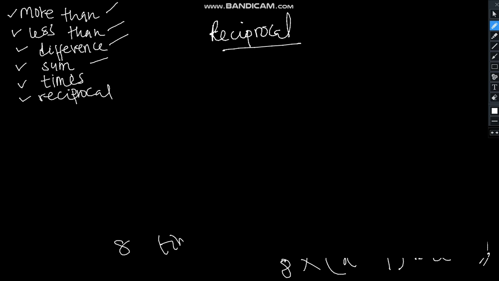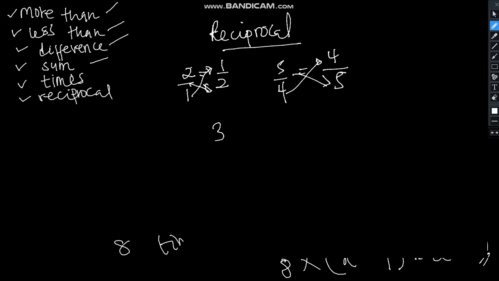For example, the reciprocal of 2 will be 1 over 2, because every number is over 1. When I turn it upside down, this will go to the top and this will come down. So the reciprocal of 5 over 4 will be 4 over 5. And the reciprocal of 3 will be 1 over 3, because this is over 1, so the 1 goes to the top and the 3 comes down. So that's what is meant by reciprocal.